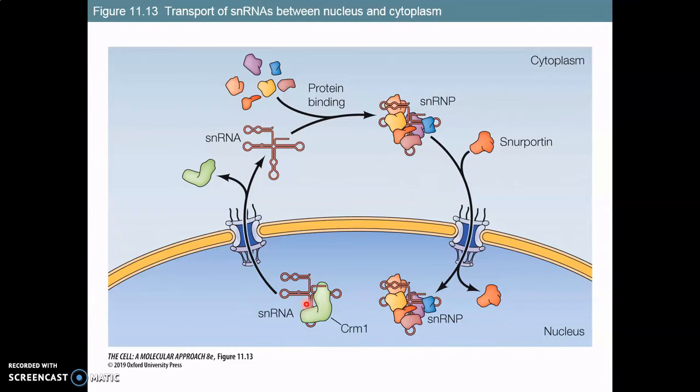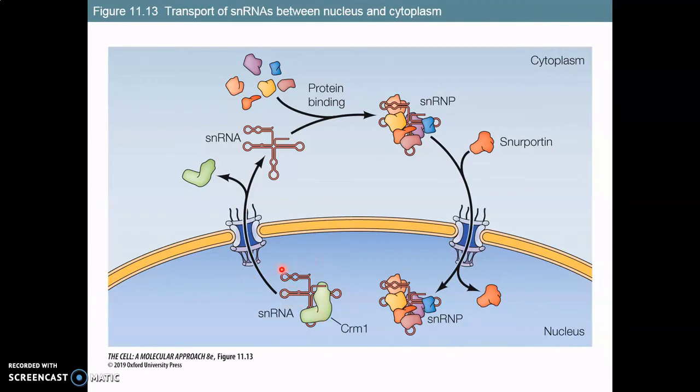Remember, we have messenger RNA, we have transfer RNA, we have ribosomal RNA, but we also have something called small nuclear RNA, and these are RNAs that are involved in the splicing of messenger RNAs. So it can be involved in making sure the splices occur and also facilitate alternative splicing.